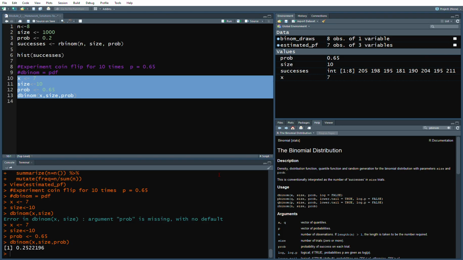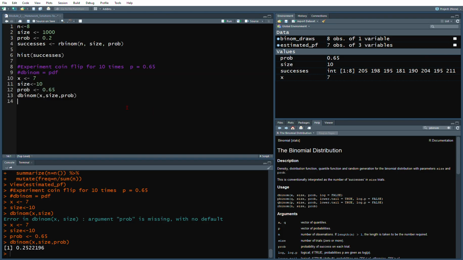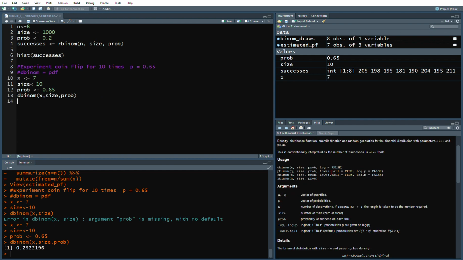Okay. So the next question we have is, what is the probability of getting at most 7 heads in 10 flips? That means the number of heads is up to 7 and not more than 7. So what it means is a lower tail, right?